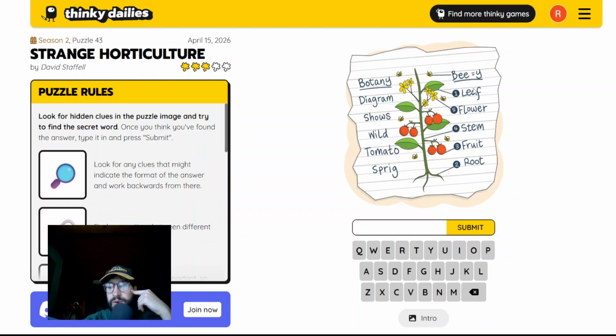One is leaf, there are 4 leaves, so let's add a 4. Okay, so we cannot add numbers. Forget that. Why is B, Y?